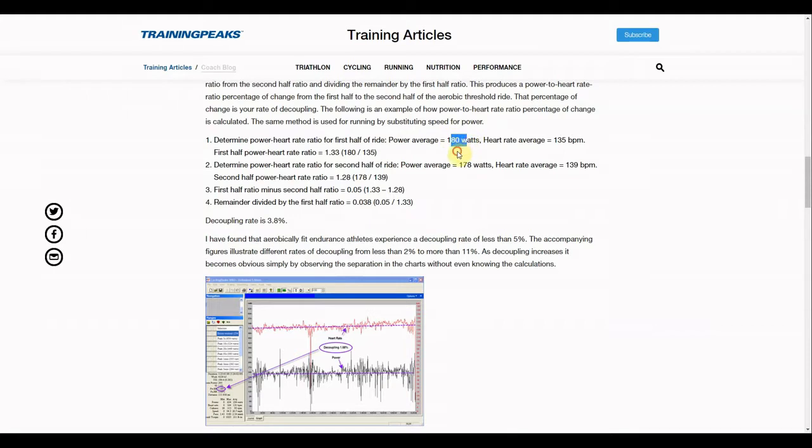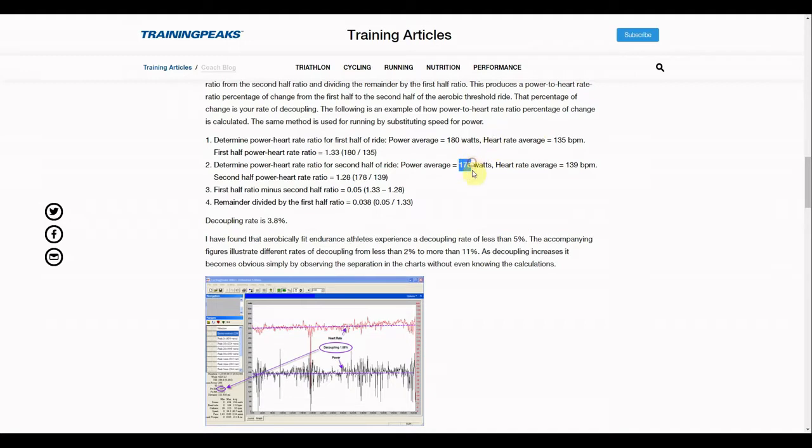If you can have power numbers, it's even better than pace, so that's convenient for cyclists or runners who have a stride pod. So in his example, in the first half of the workout, the cyclist averaged 180 watts using only 135 beats per minute in terms of heart rate. So the ratio is that.